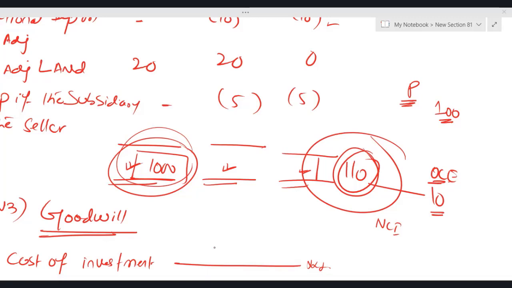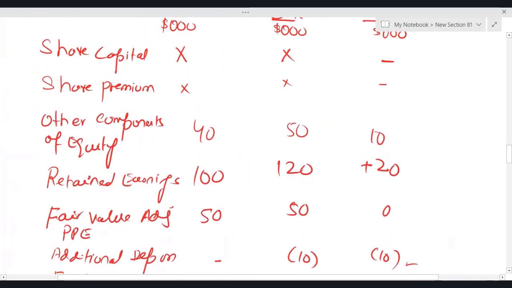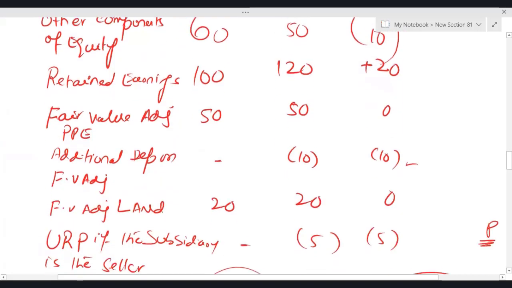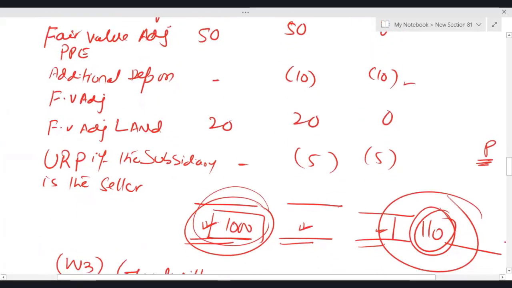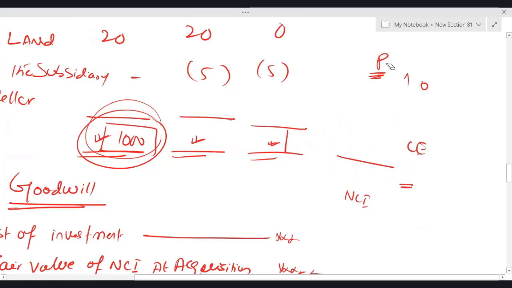If it is decreased, it will be negative. It should not be an issue. Please look at this. Let's take it like this: it is 60, it is 50, and we have a negative 10. Due to the negative 10, the final answer is 100.